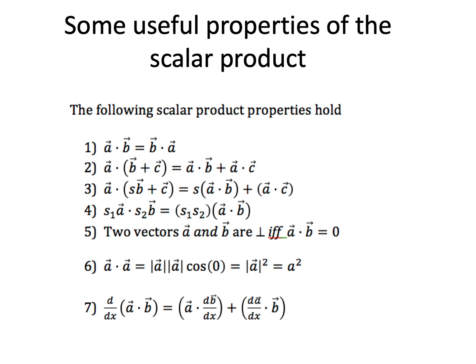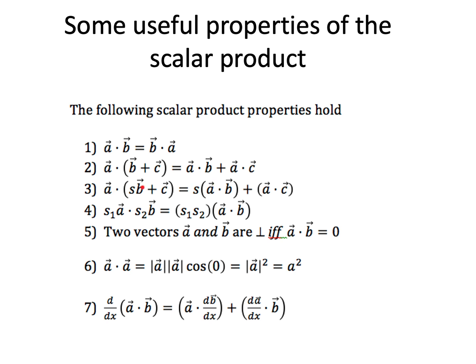Now, if I have two vectors added together, B plus C, and I take the scalar product of that sum with the third vector, in this case A, you just distribute the A over the B and the C normally. So this becomes A dot B plus A dot C. So you just do a normal distribution here. Now, if I take A dot S times B plus C, where S is some scalar, I can just factor the S out in front.